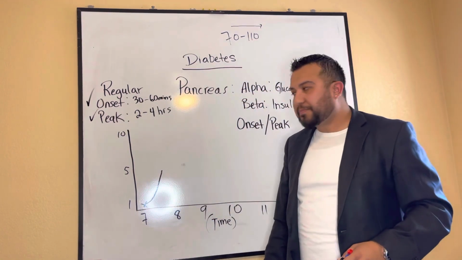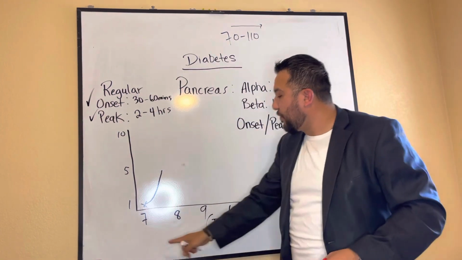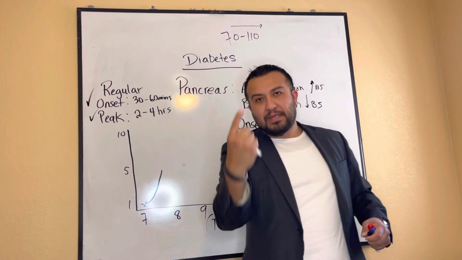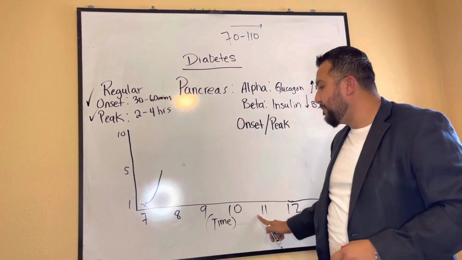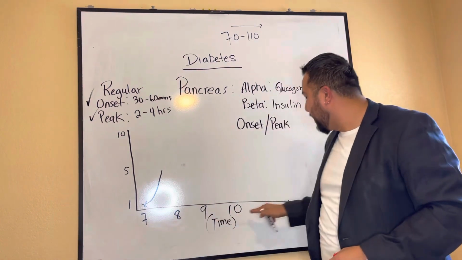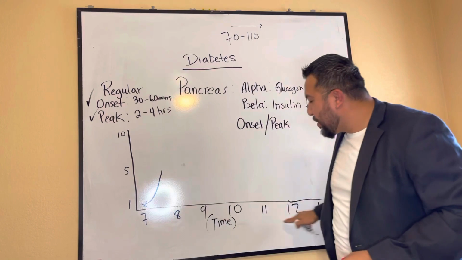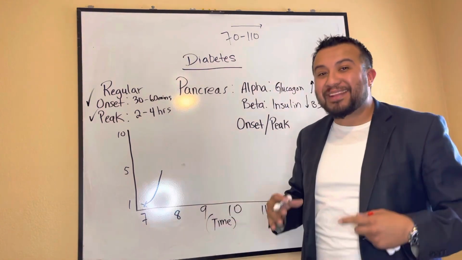You see that? But the peak is within 2 to 4 hours. So if you gave it at 7, 8, 9, 10, 11, within 2, 3, 4 hours, this is when your blood sugar may accidentally drop a little bit faster than we intended.